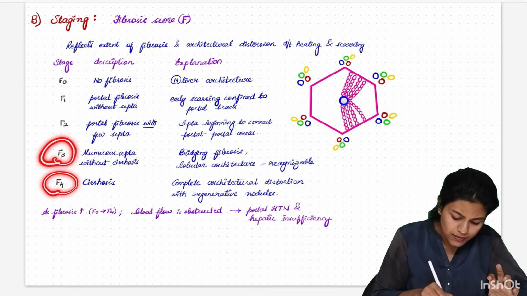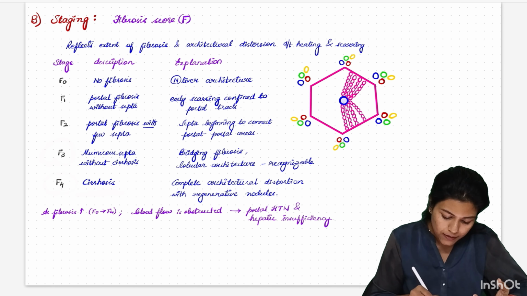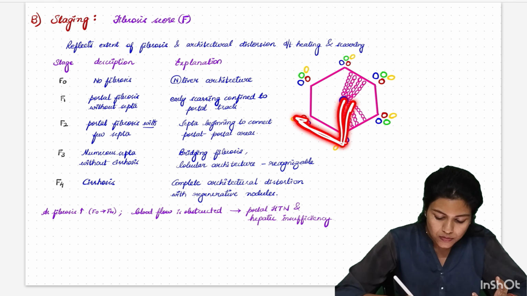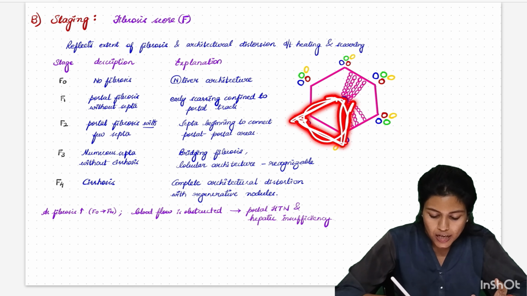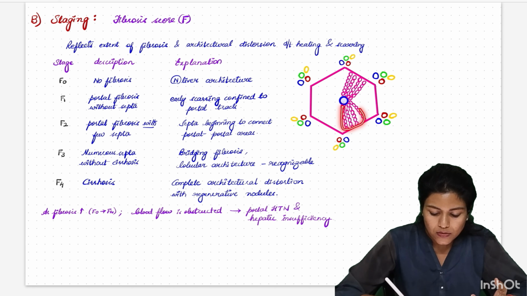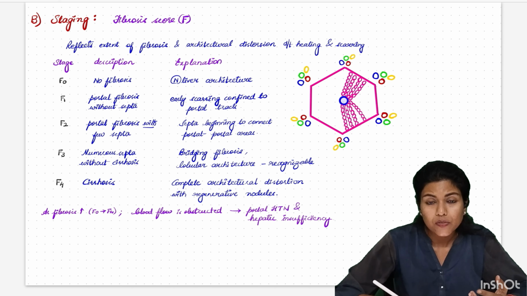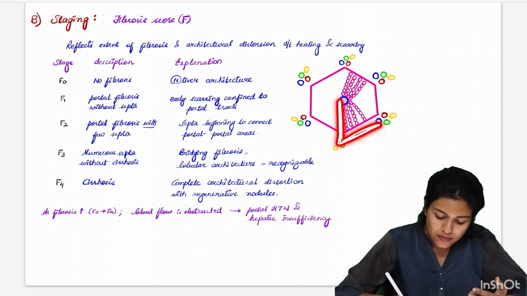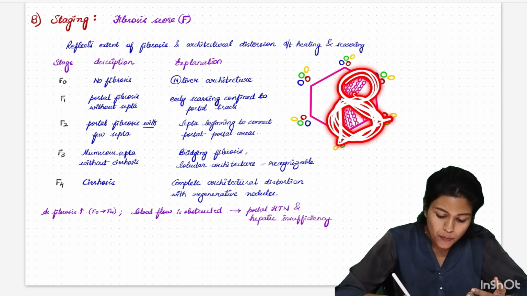In F4, there is complete cirrhosis. That means complete architectural distortion with regenerative nodules. The septa become so extensive that they surround the hepatocytes. These hepatocytes, after necrosis, will try to regenerate. That is called regenerating hepatocytes. Around these regenerating hepatocytes, the septa will extend to such an extent that they form a nodule.